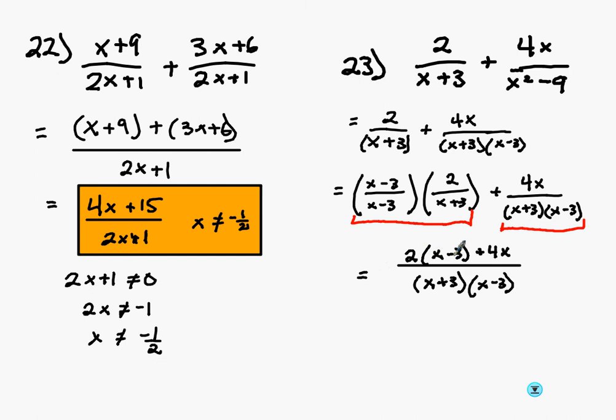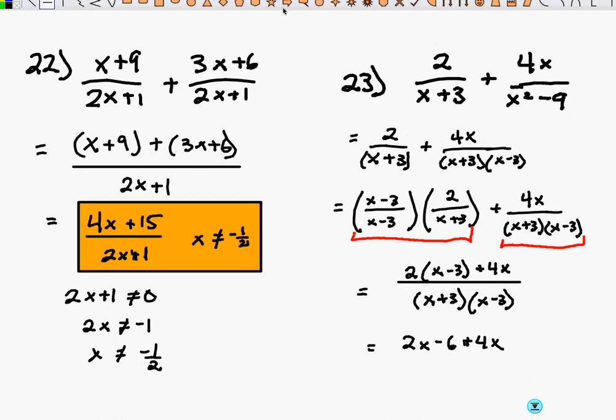Now we'll simply distribute this 2. So now we have 2x minus 6 plus 4x. And again, that is all over the common denominator, x plus 3, x minus 3.